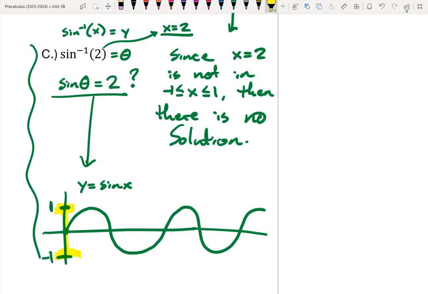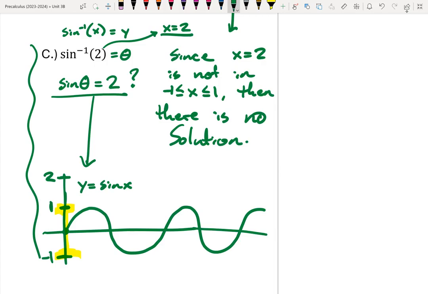If we put that 2 out here, it would never have a point on the function of sine, because sine bounces back and forth between -1 and 1 and will never reach 2, unless, of course, I apply some transformations. But we're looking strictly at sine of x, no transformations, the parent function. So it will never reach 2.